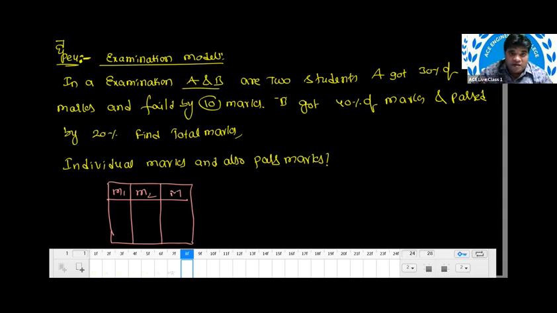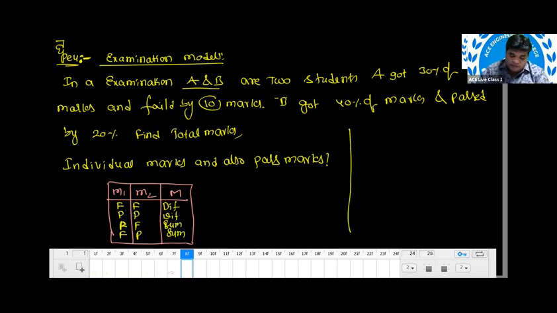So if the first candidate failed and the second candidate failed, or both passed, then take the difference. If one passes and one fails, then we take the sum of their marks gaps.